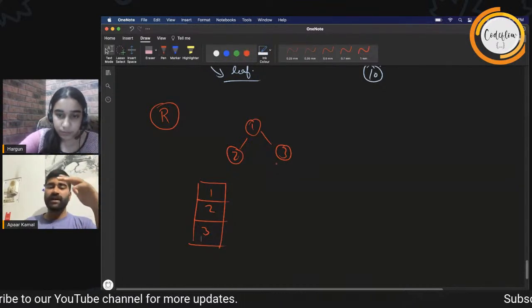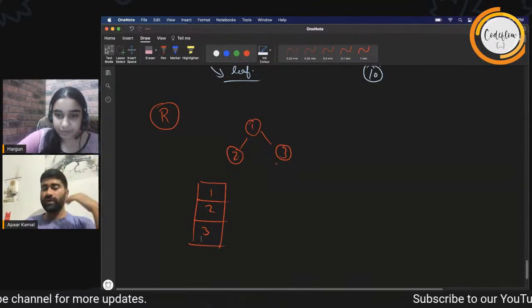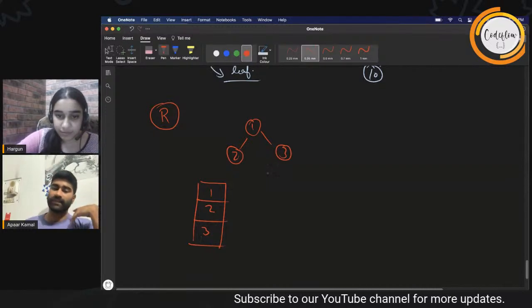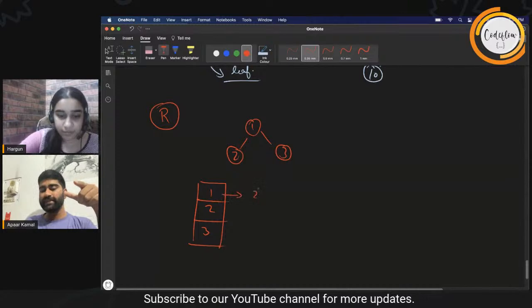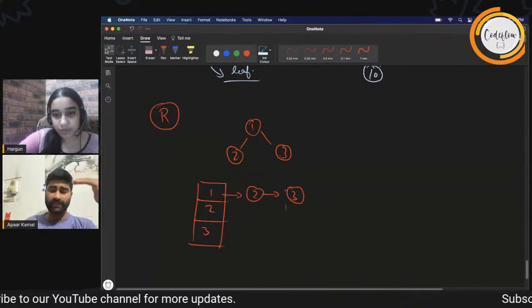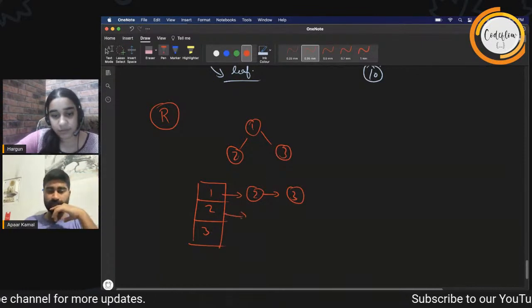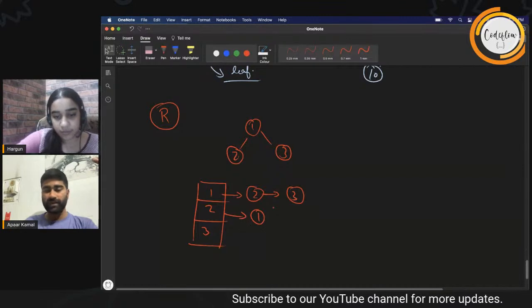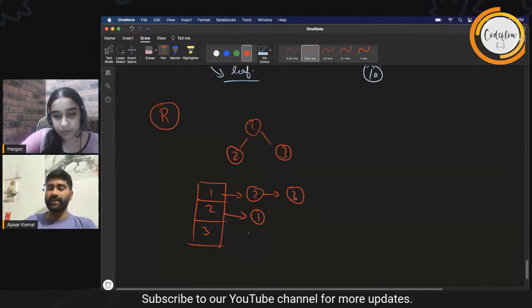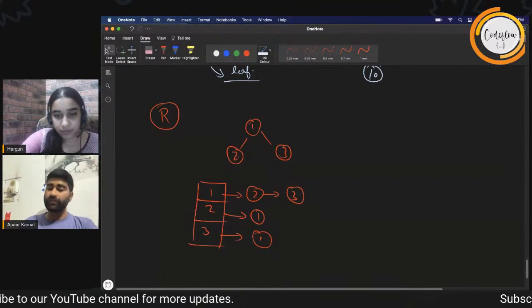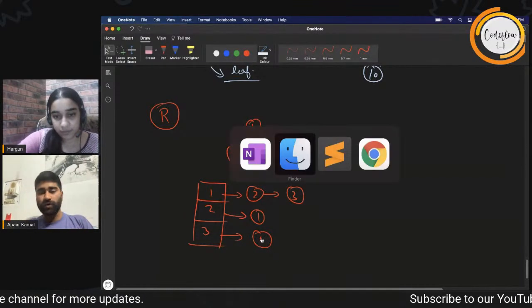All the elements which are adjacent to a current node will come in its adjacency list. So from 1, 2 is adjacent and 3 is adjacent. So we have two nodes in the adjacency list of 1. We have one node adjacent to 2, that is 1 only, because 1 is directly connected to 2. And from 3 we have one which is adjacent to 3, right?